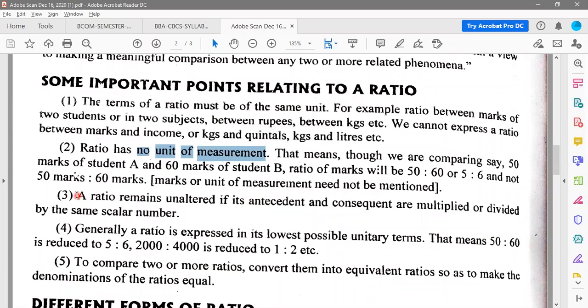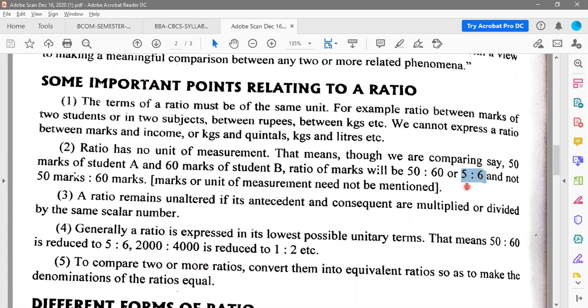And then, a ratio remains unaltered if its antecedent and consequent are multiplied or divided by the same scalar number. Let us take, for example, the ratio 5 is to 6, and if I multiply the same number to both of them, they will be in the same ratio.